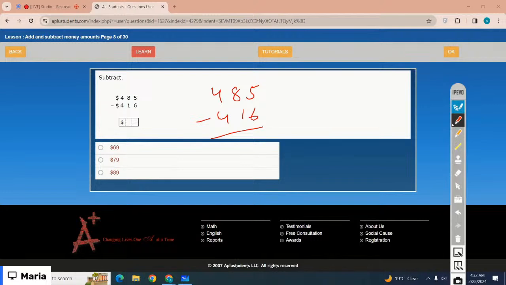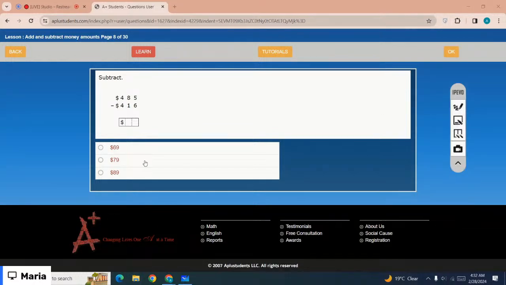So focus on the learning. Do not waste your time and the others' time also. That is $79. Option number 2 is the correct option. You are here to learn, so focus on the learning, not checking. Behave like a student.